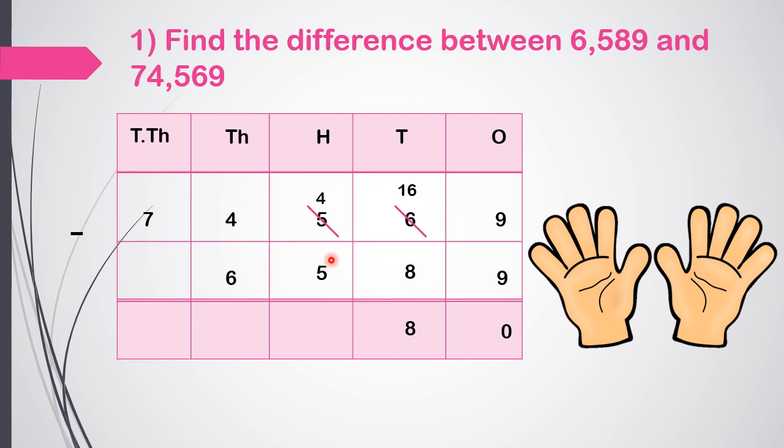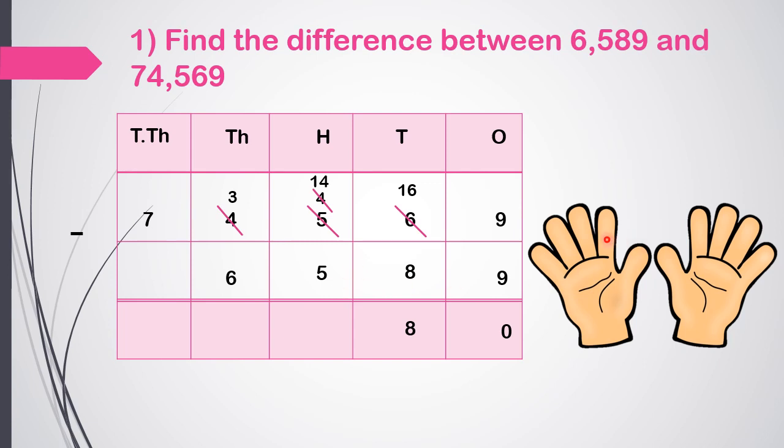Can we subtract 5 from 4? No. We have to borrow from the previous number. So here 4 becomes 3 because it gave 1 to the 4 here. Now 10 plus 4, we get 14. So now we are going to find out 14 minus 5. We can use our fingers to find out.